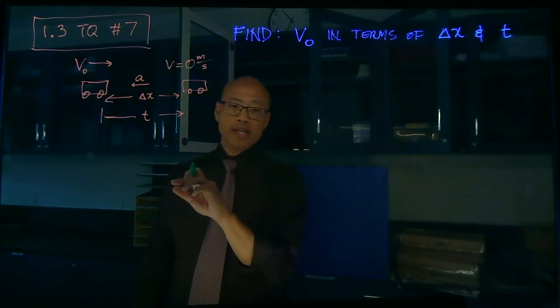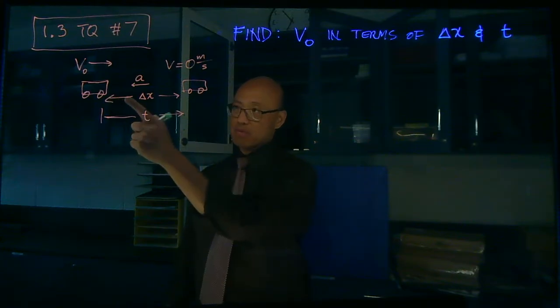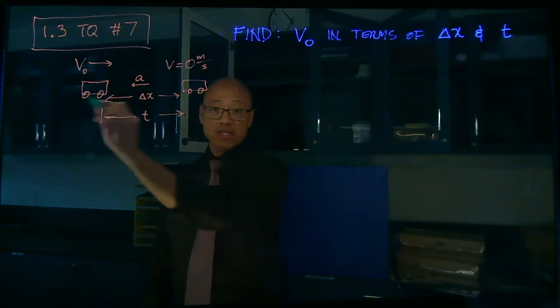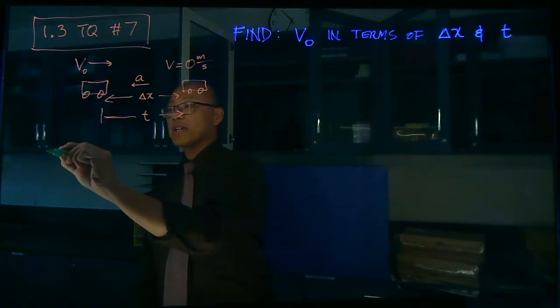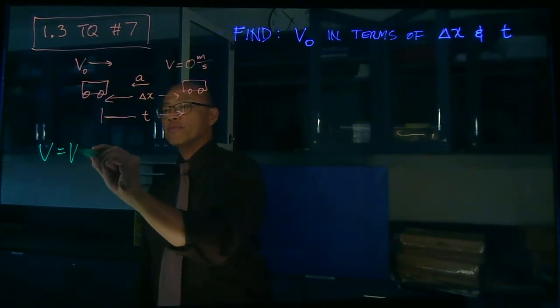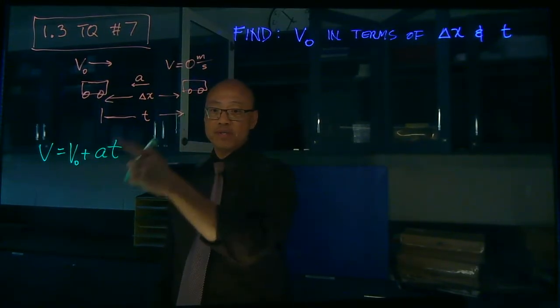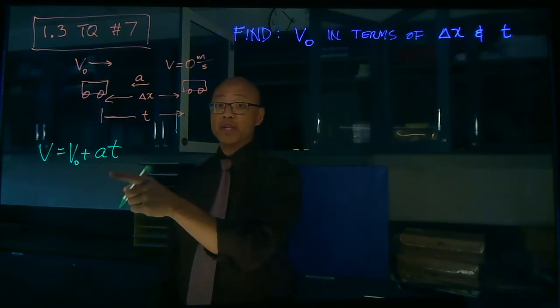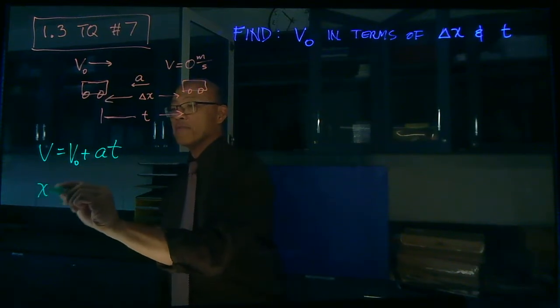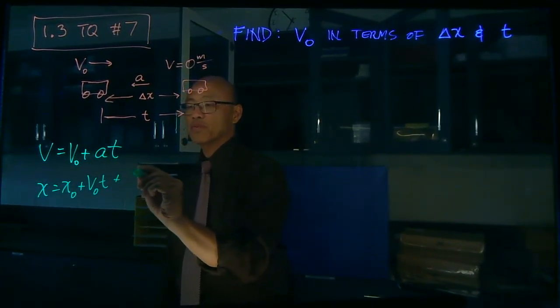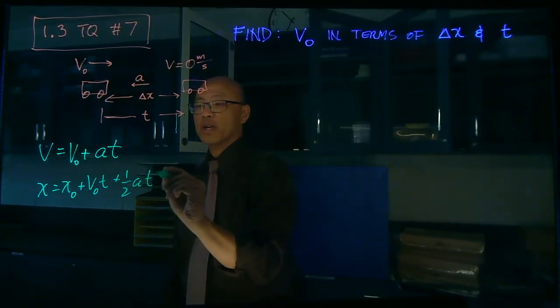I'm going to drop the little x subscript because we're always working in this dimension. My final velocity is just v naught plus at because we're in constant acceleration. I have x equals x naught plus v naught t plus 1/2 at squared.